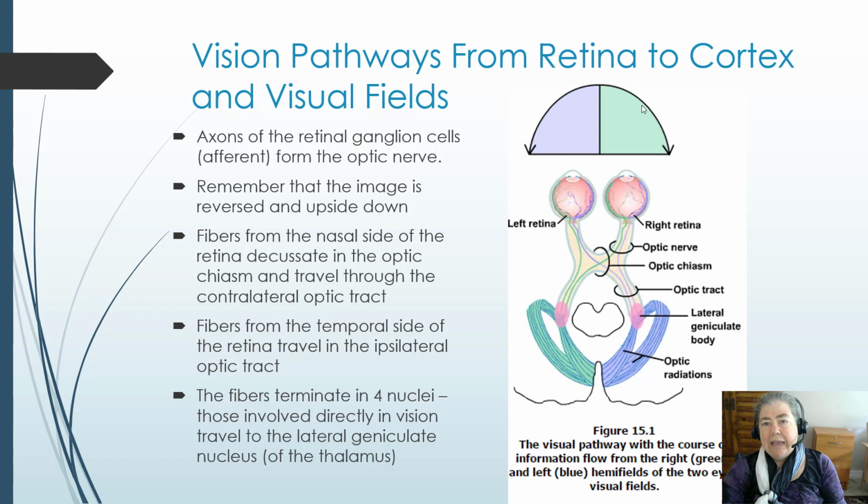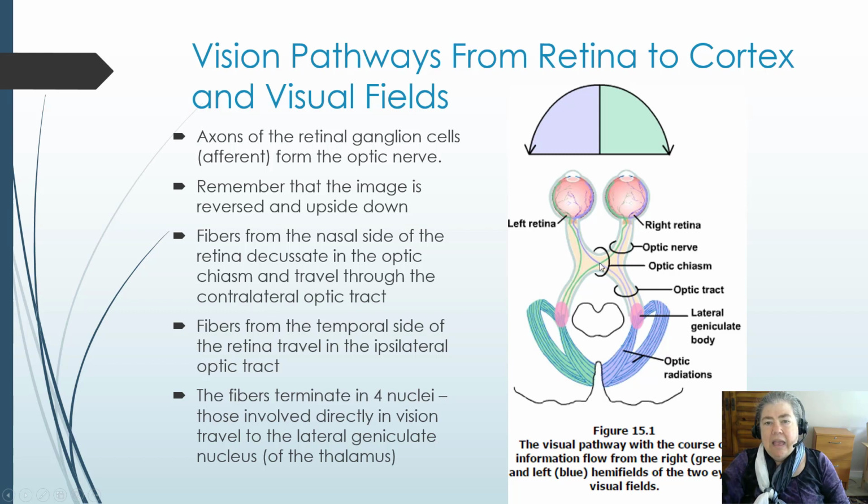So what is in front of me on my right side is being projected upside down onto the left side of my retina. And what's on my left side is being projected upside down on the right side of my right retina.